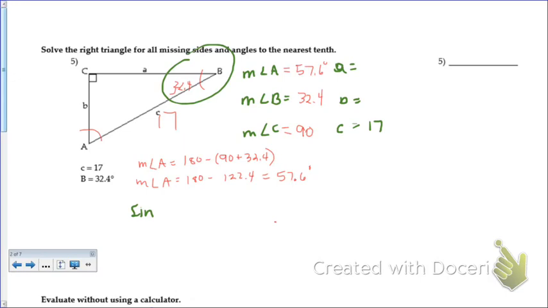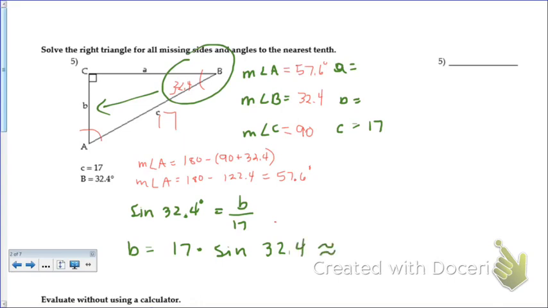Just in case you make a mistake with angle A, if you use the one that's given, you won't miss this part. So I have sine of 32.4 degrees is equal to the opposite side. The side opposite is B over 17, which is the hypotenuse. And you multiply by 17 on both sides, so that B is equal to 17 times the sine of 32.4, which is approximately 9.1. And we're just going to go with that.